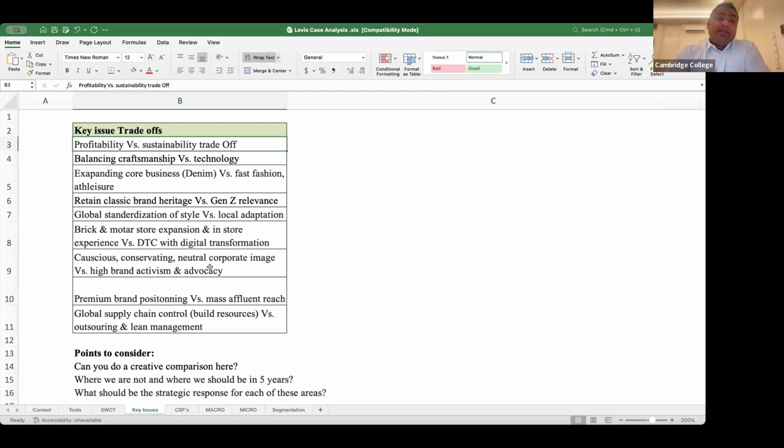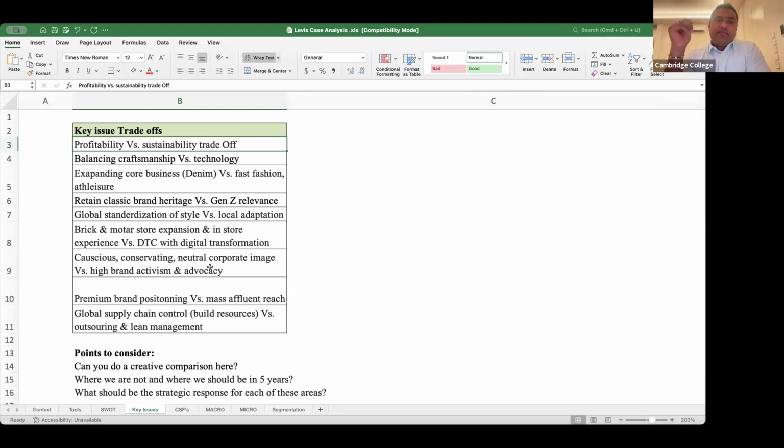At the moment, it appears that Levi's is still sticking to globally their brick and mortar stores. So they have Levi's stores, and then selectively they sell Levi's in certain other department stores. But they have really not gone into a huge fast fashion business, just like the Zara's of this world.